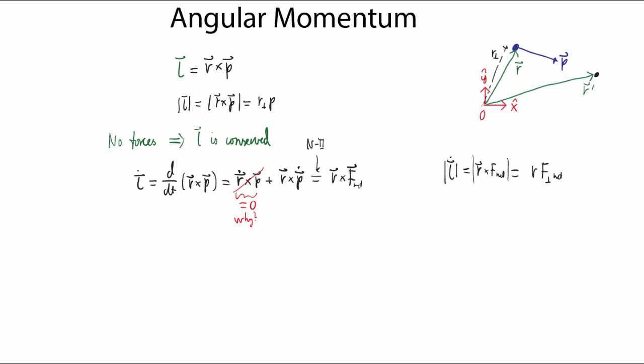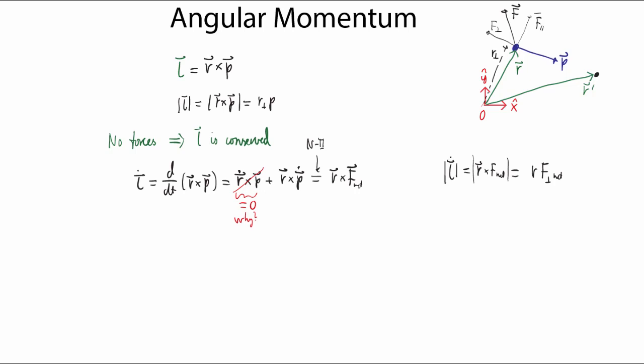So only that component of the force that is perpendicular to r will generate a change in L. In other words, if we have a force attached here, we can divide it into two components, an f parallel and an f perpendicular, and it's only f perpendicular that gives rise to a change in the angular momentum.